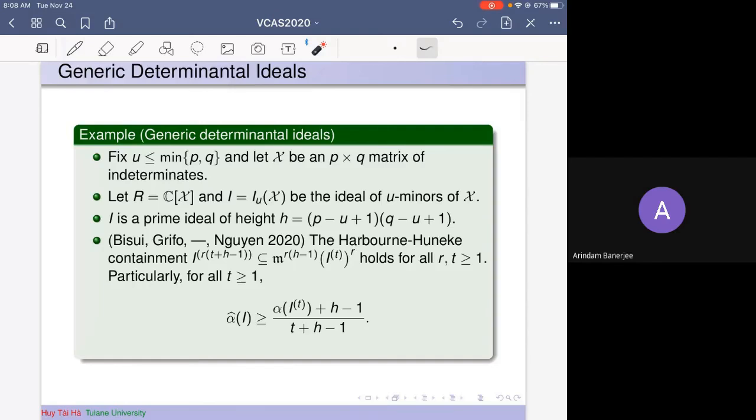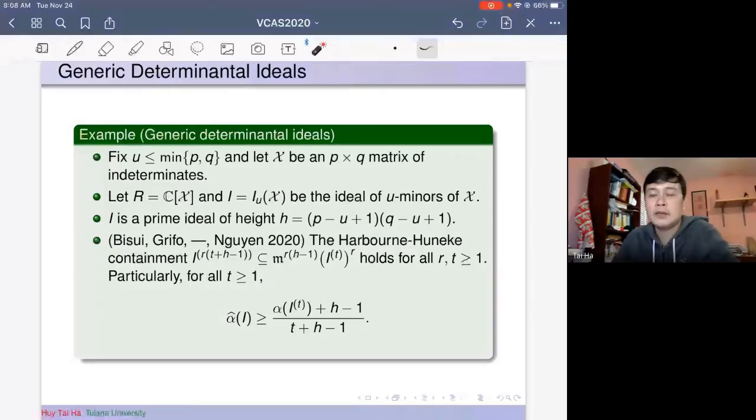Is even the containment of I^(3) in I^2 known for binomial ideals? That I don't know. I haven't seen that before.